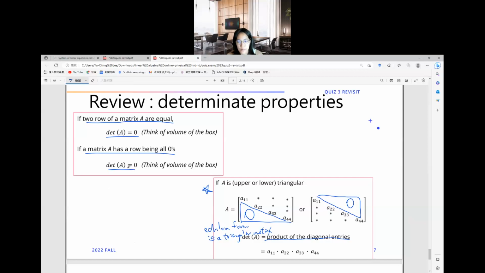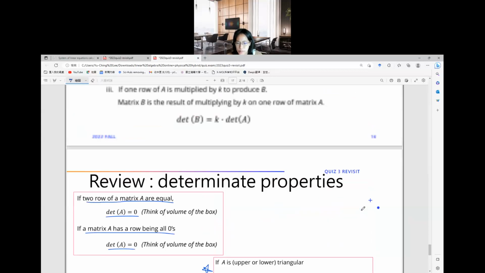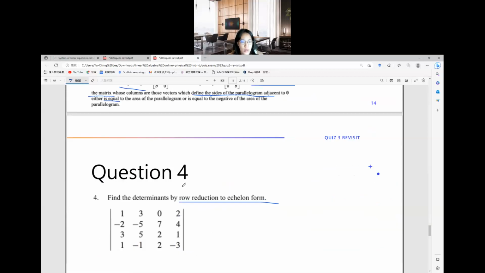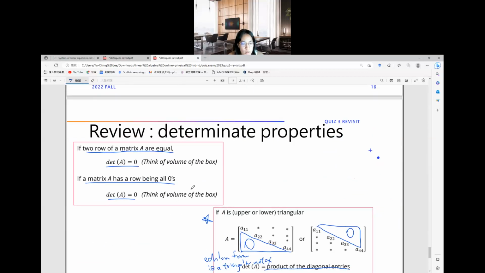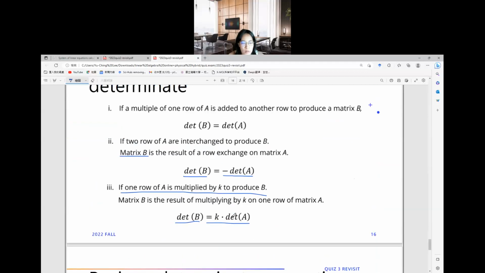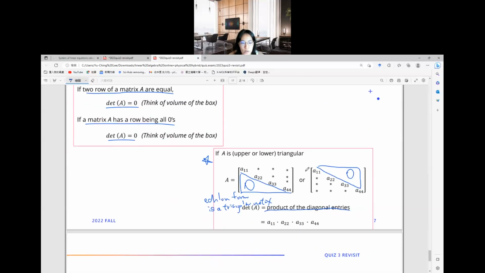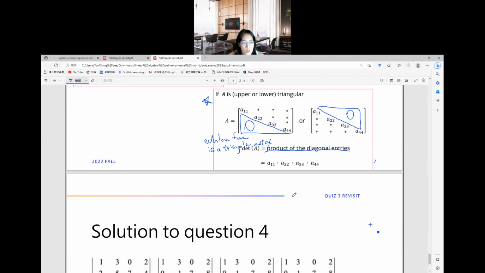Then the determinant of A is also 0, since we have seen that the determinant of A transpose equals the determinant of A when A is a square matrix. So these properties can be used freely in this process as well. But for this specific question, we only need the 3 possible row operations mentioned here, these two possibilities that the determinant is 0, and the computation of triangular matrices' determinants.